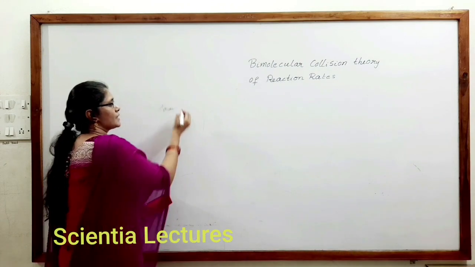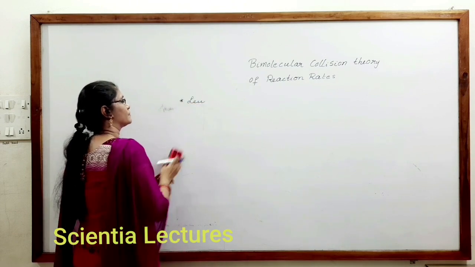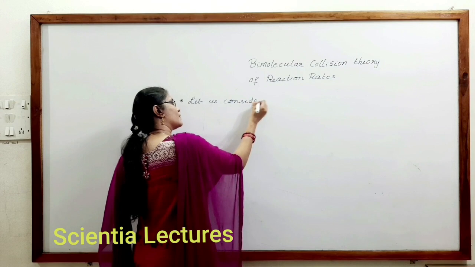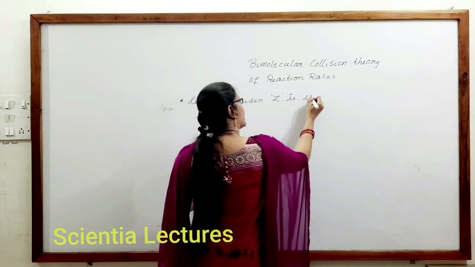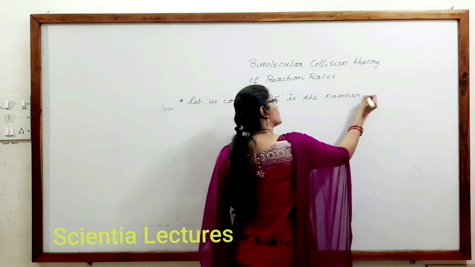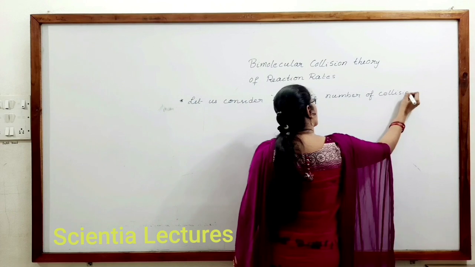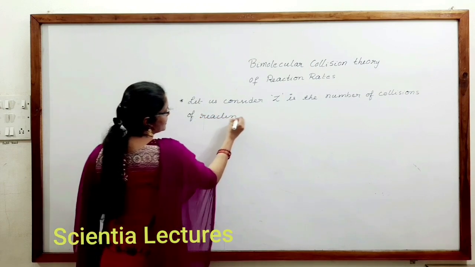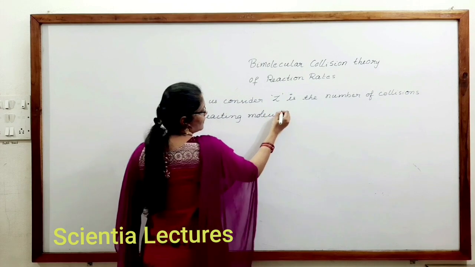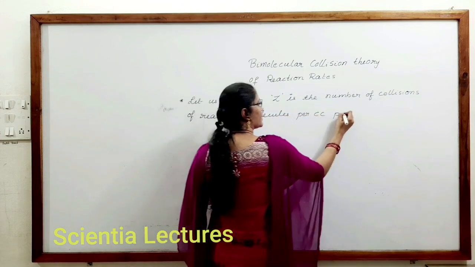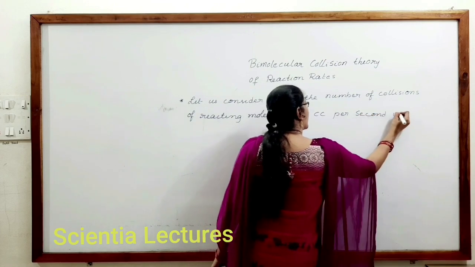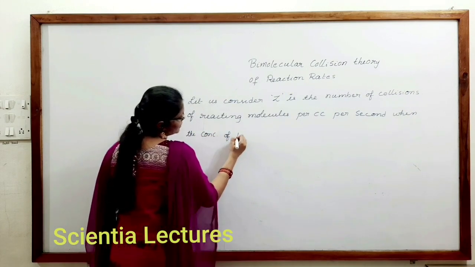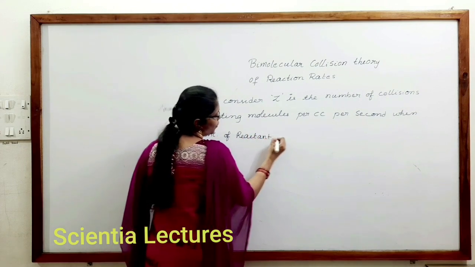Now let us consider Z is the number of collisions of reacting molecules per cc per second when the concentration of reactant is 1 mole per liter.